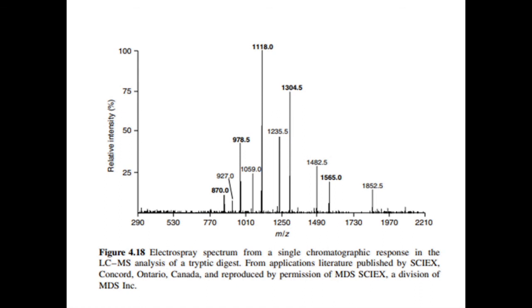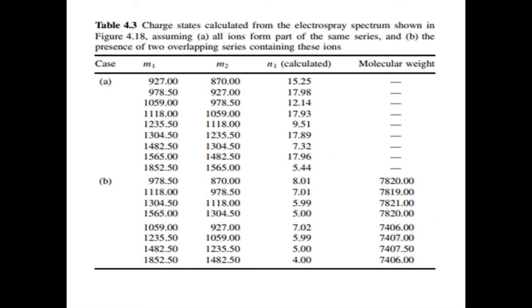Table 4.3b shows the presence of two overlapping series containing these ions. This is table 4.3b, and this is table 4.3a. Table 4.3b shows the result obtained when the spectrum is considered to consist of two independent series, with the ions being selected on the basis of their initial increase and subsequent decrease in intensity.